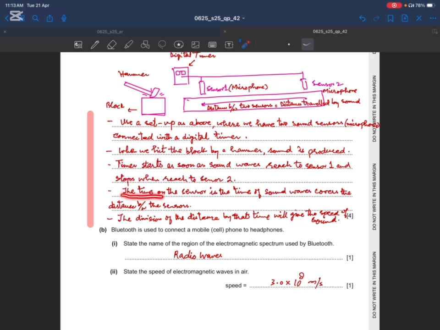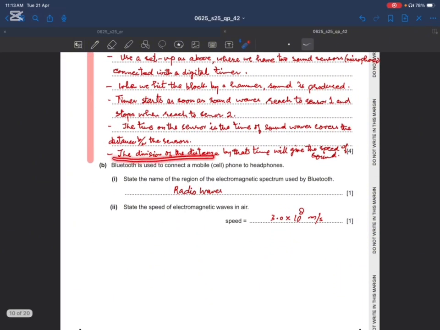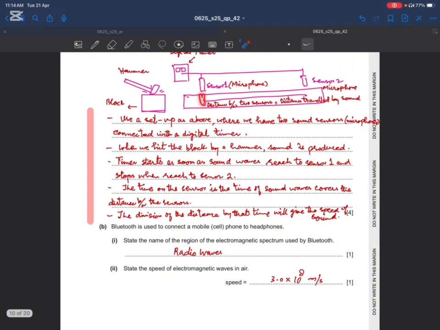The time on the timer is the time the sound waves take to cover the distance between the sensors. Dividing the distance by that time will give you the speed. And I told you that V is equal to S over T. So the distance between these two sensors is already known.